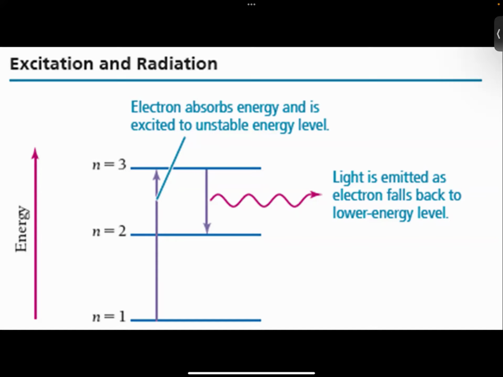One is always the layer closest to the nucleus. It's going to travel to some layer away from the nucleus. When it relaxes, the electron gives off light of a lower energy level.